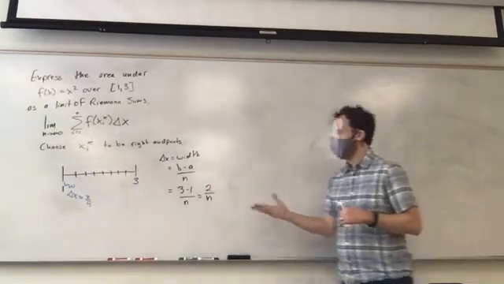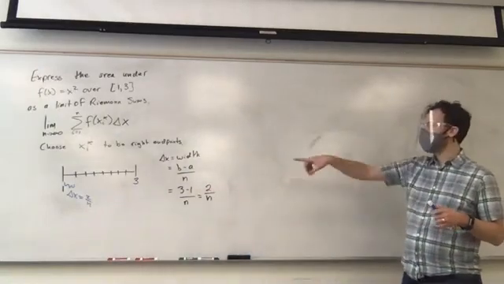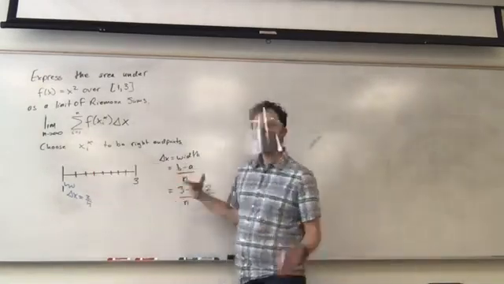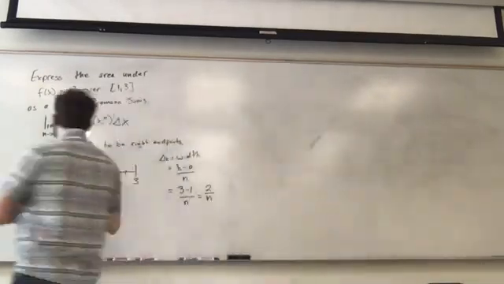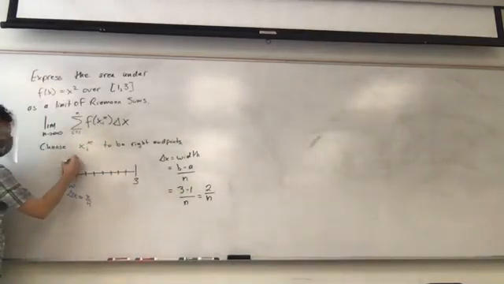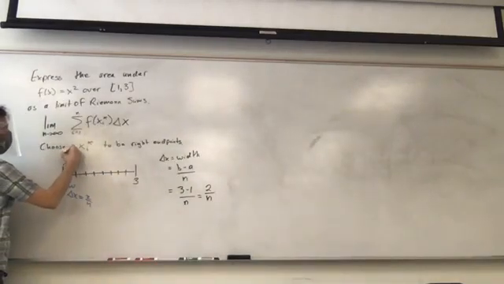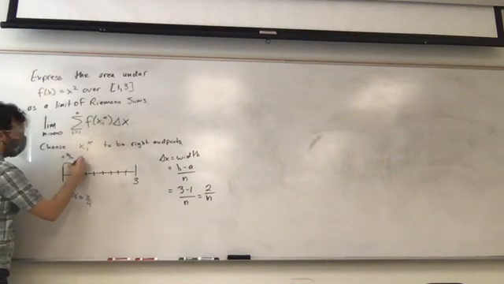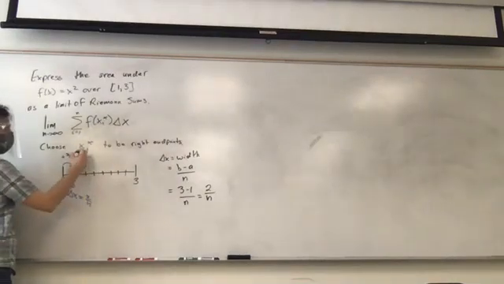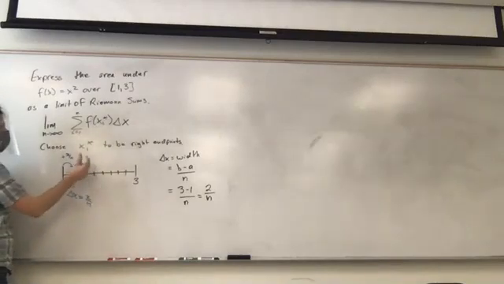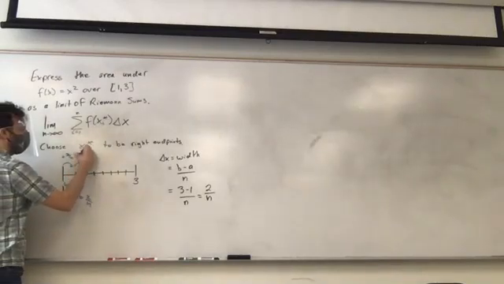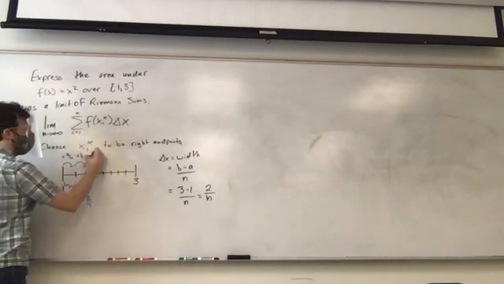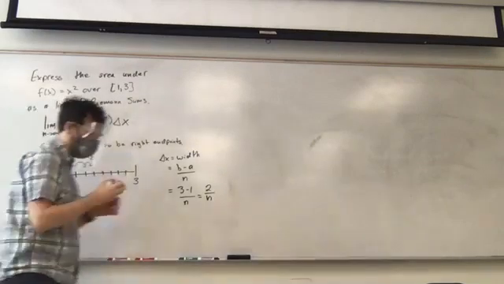So how that's useful is we're saying, how do you find what these tick marks are? The way to think about it is that each time you jump over, you add 2 over n. If you jump over to one more tick mark, you've gone over another rectangle width, so you've added another 2 over n. And you go over another one, you've added another 2 over n.